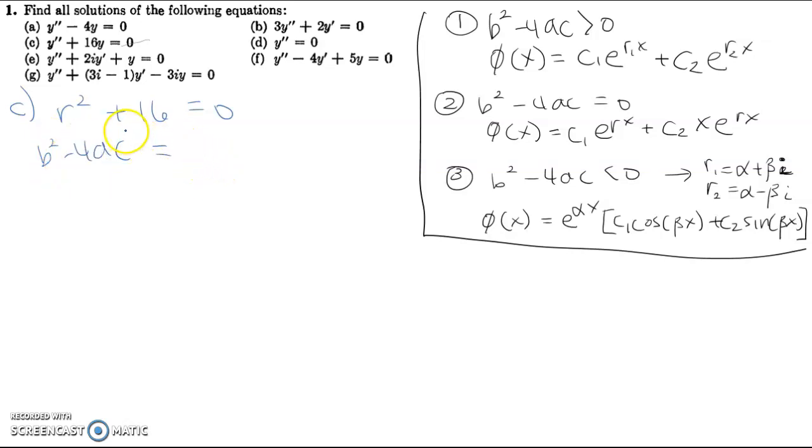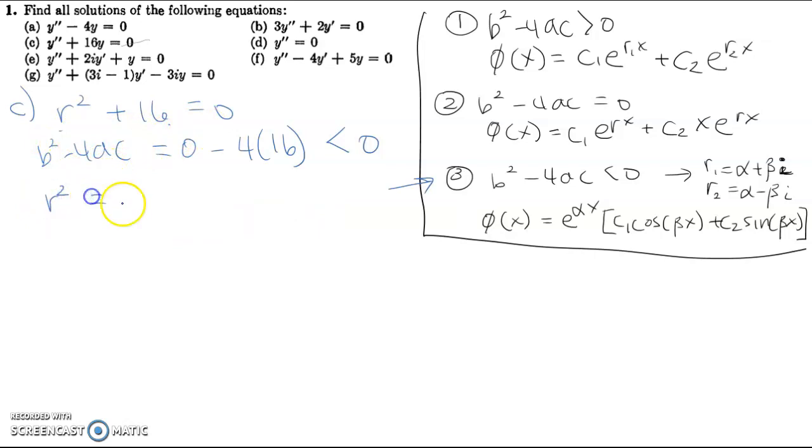So b is 0 because I don't see the middle term, the first order term. So this is 0 minus 4 times a times 16. I don't really need to get to the answer, but I know that this is going to be negative. So I'm expecting the third category.